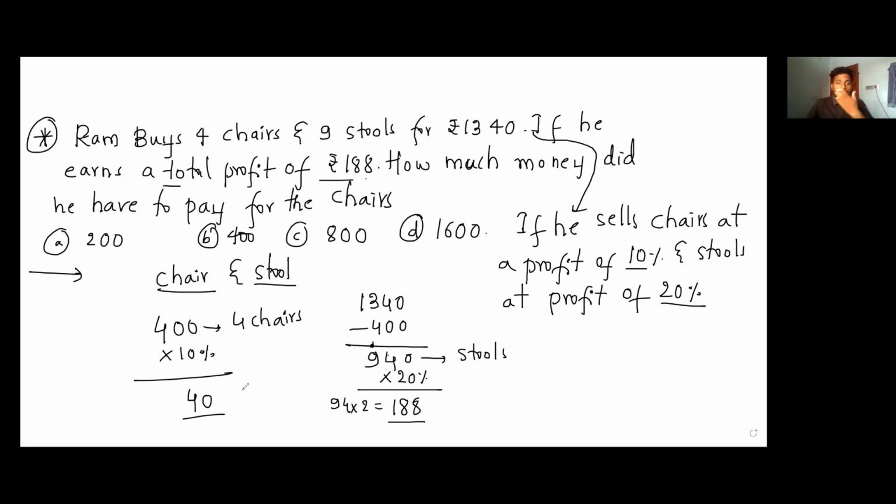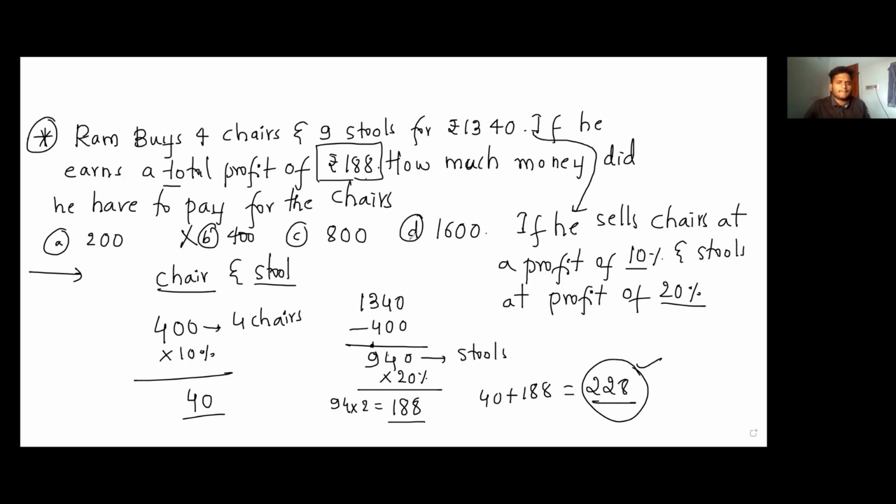But he should make a total profit of 188. He is making 40 plus 188, so 228 profit. But in the question they are telling 188 is the total profit. Now we are getting 228, so the option which we assumed as 400 is wrong.